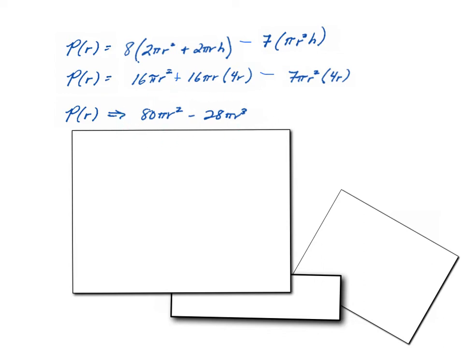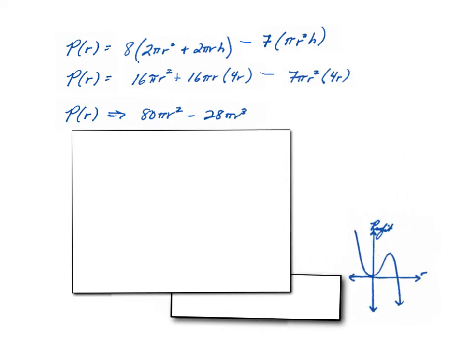Taking a closer look at this right now, understand that this is a cubic function, and it's a negative a coefficient there. Let's just get a sneak peek at something like that. It's kind of like this. It came down from positive infinity, bumps up. And I know it goes through 0, 0 because each term has an r factor.